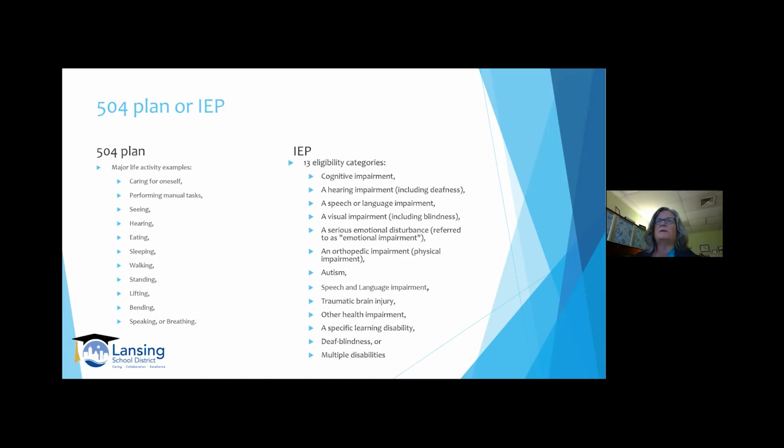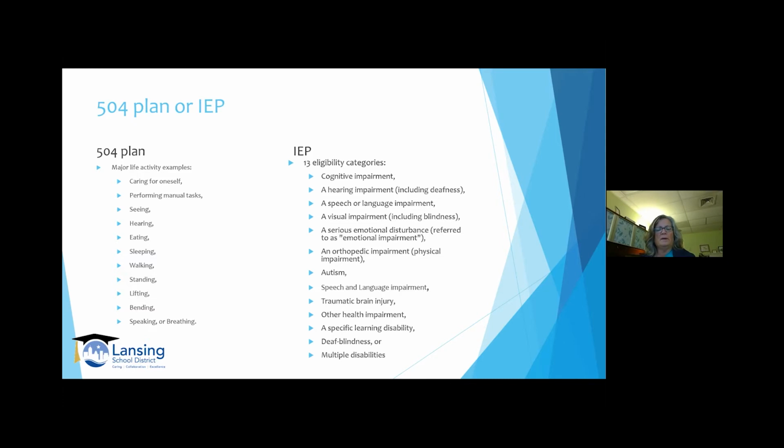These are things that we might see in a number of different ways. Probably the most common thing that you might think of with a traumatic brain injury would be an automobile accident, and a student ends up with a traumatic brain injury as a result of an automobile accident or a serious fall.